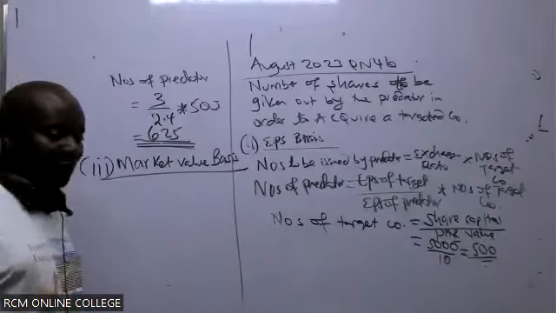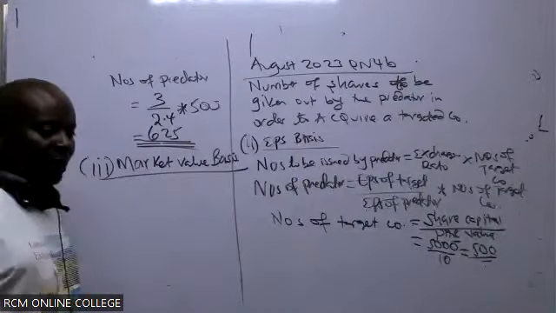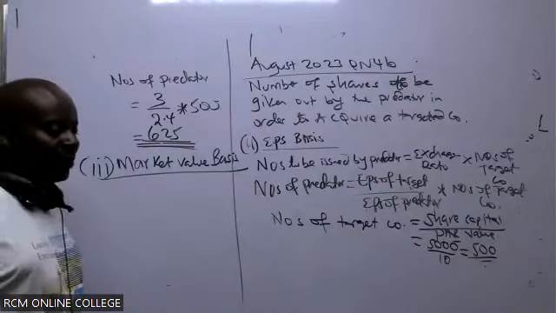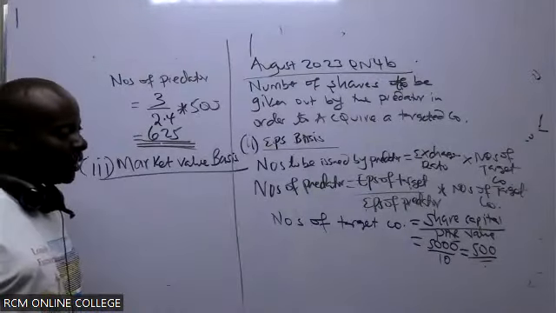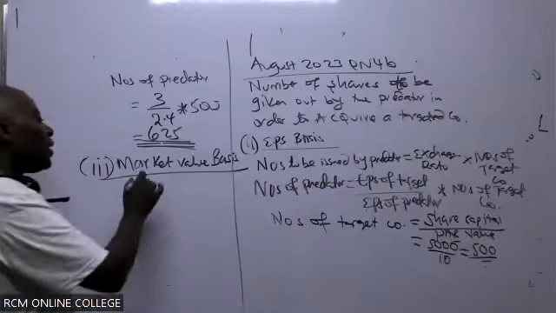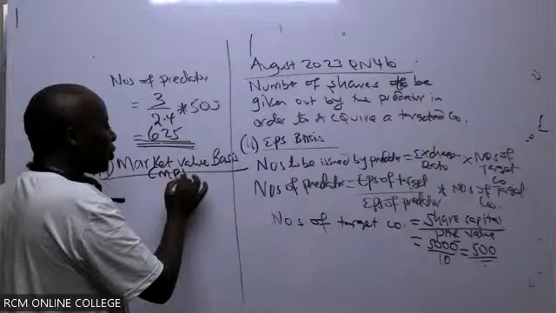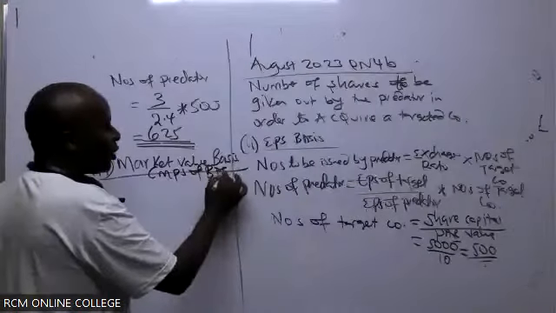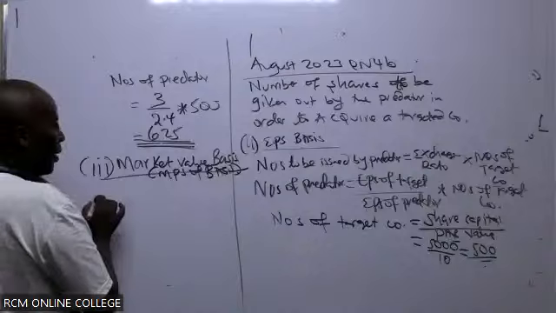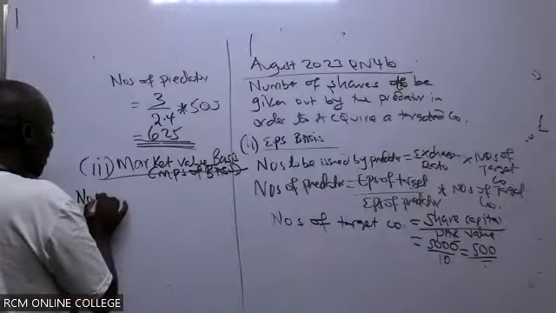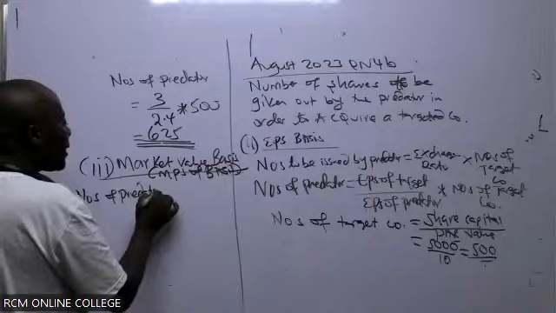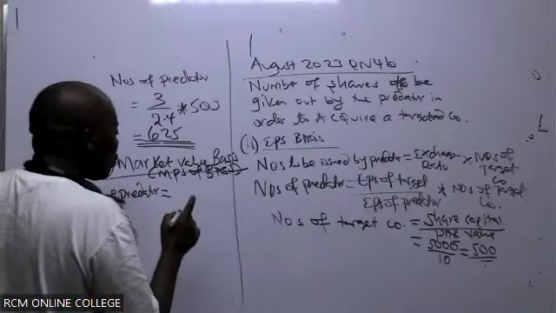So market value basis. As Nancy is pondering on this, Nancy must have missed a couple of sessions. So market value basis is also known as MPS basis. So in this case, to get the number of shares of the predator, the exchange ratio will now be on the basis of MPS.